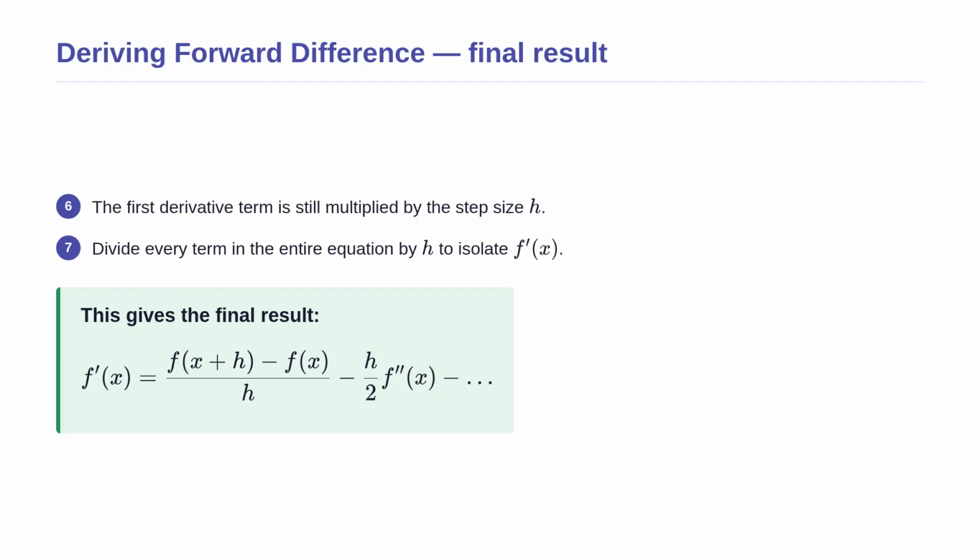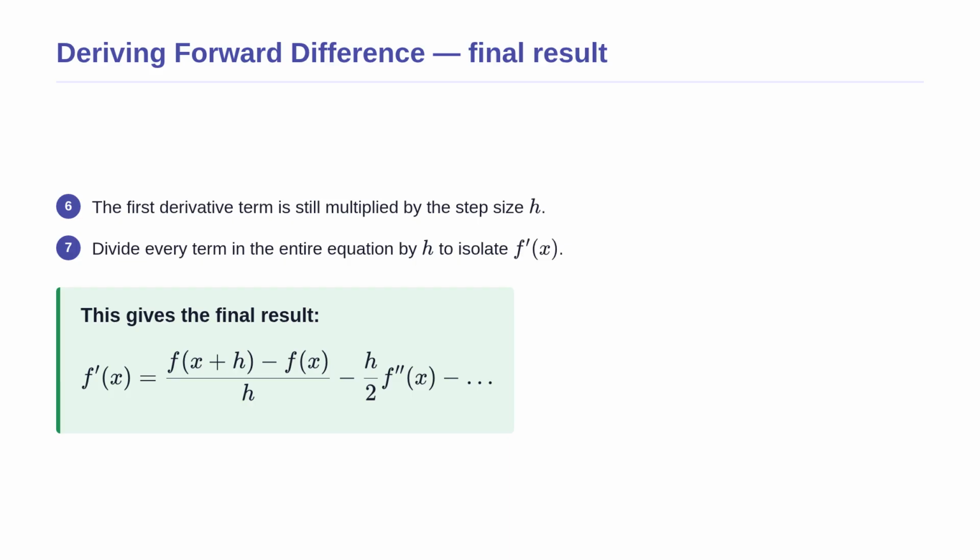To finish our derivation, we need to isolate the first derivative completely. Right now, we have the first derivative term almost by itself, but it is still multiplied by the step size h. To completely isolate it, we divide every single term in the entire equation by the step size h. The fraction on the right side becomes our actual forward difference approximation.